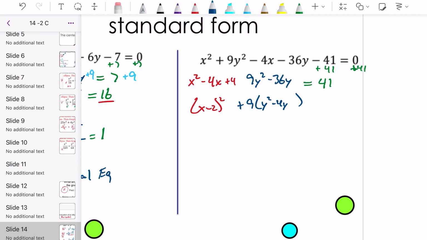Grab b, which is negative 4, divided by 2, which is negative 2, and we square, which is 4 once again. So we're going to add 4 here. Keep in mind, when we add a number to our problem, we also have to add it to the opposite side. So when we added 4 here, we would have to add 4 there.